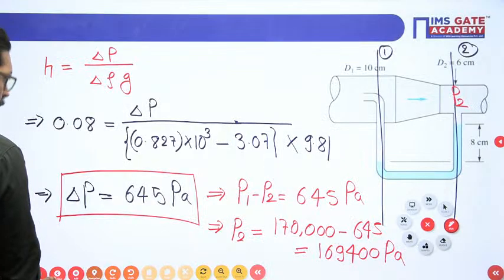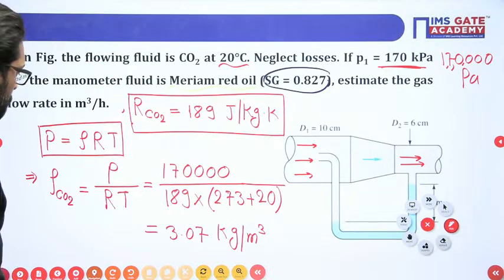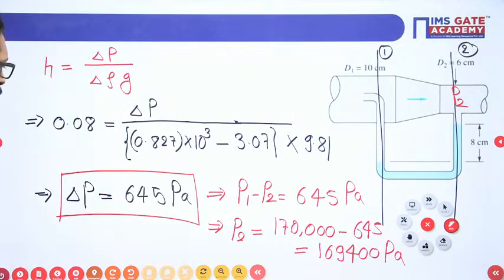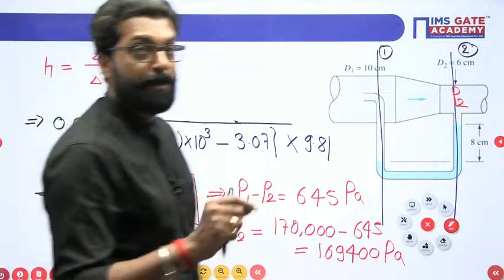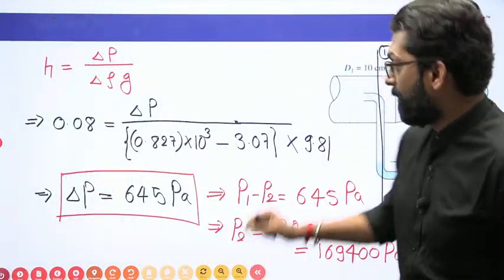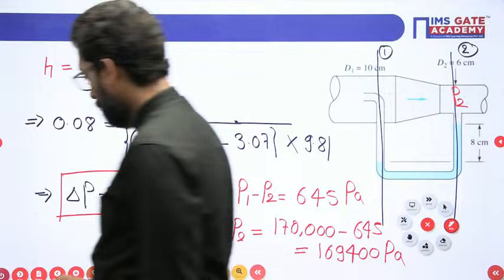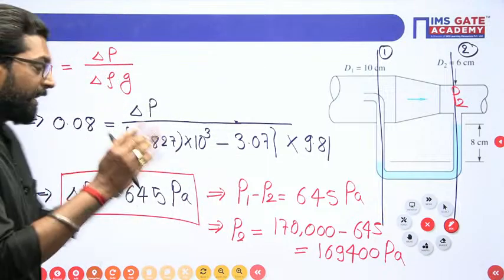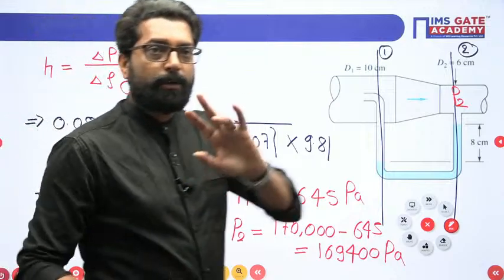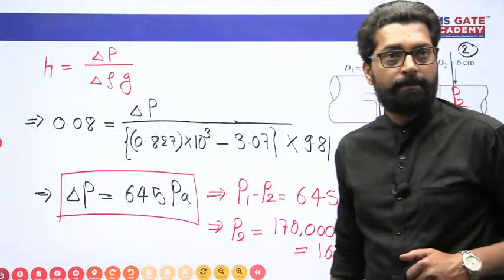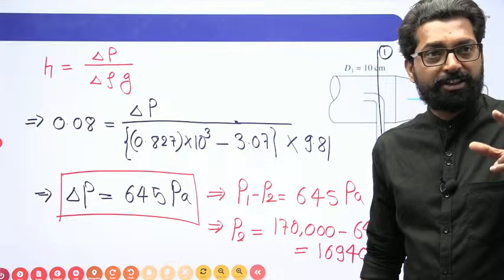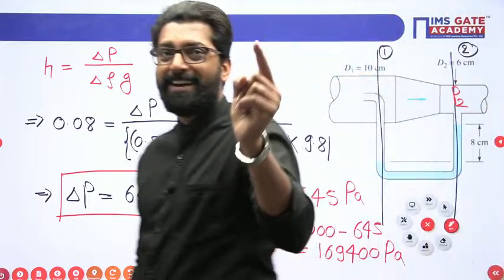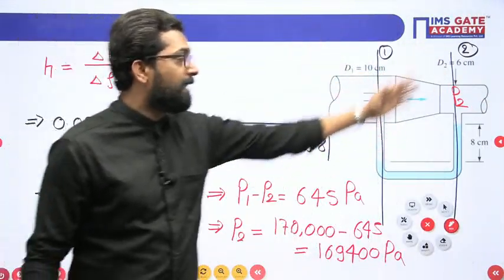So we have to find the flow. See my dear, now we have to understand the pressures P1 and P2. We have the pressures, but we don't have the velocities V1 and V2. But area we have. So we have a pressure difference, but we don't have a velocity difference. One relation is the continuity equation, because diameter is given.